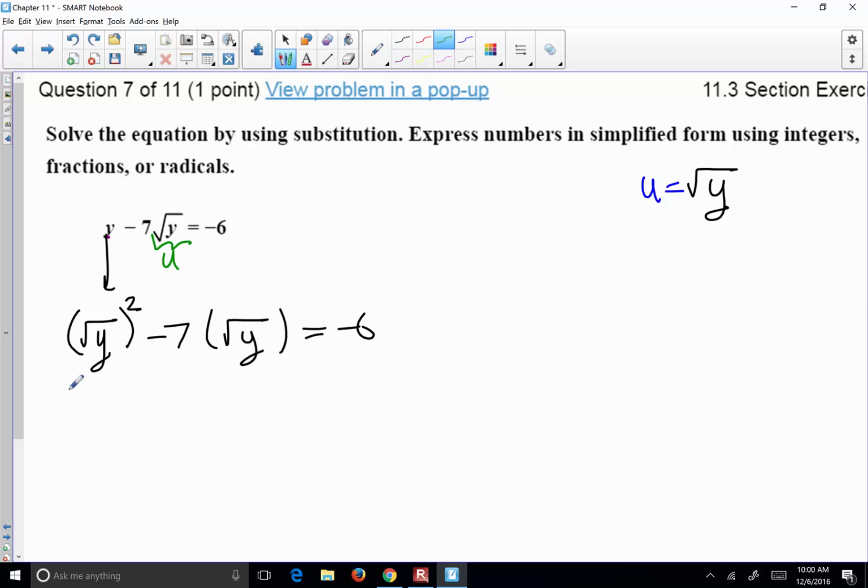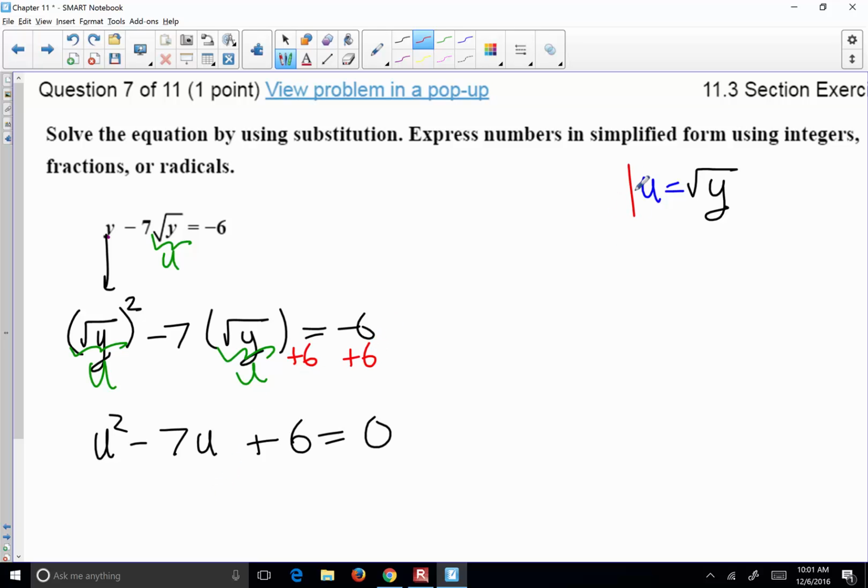When I call this thing u, and that one automatically becomes u, the equation becomes u squared minus 7u plus 6. How do I get plus 6? I'm just moving this number to the left. Okay? So the right u substitution here is u equals positive root y.